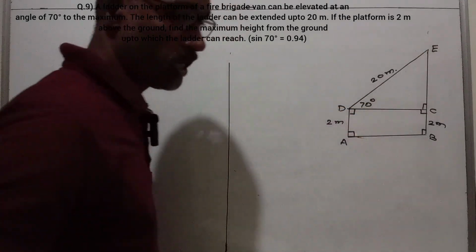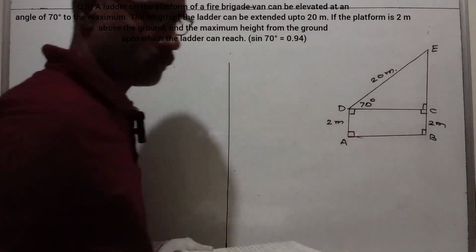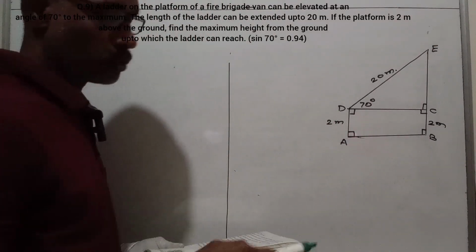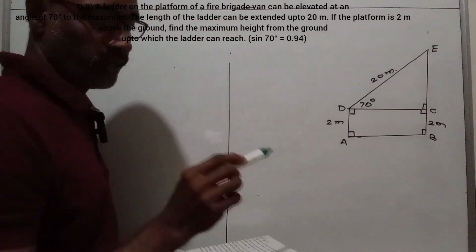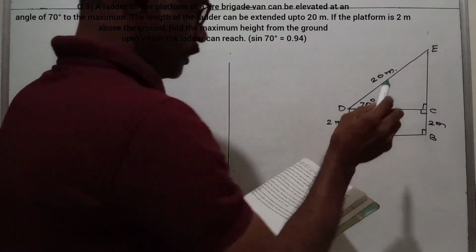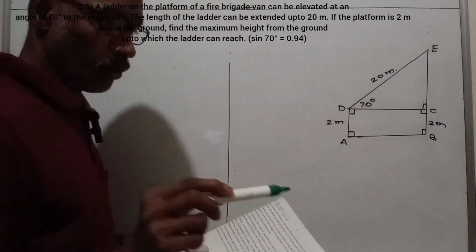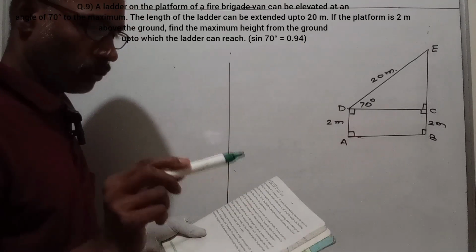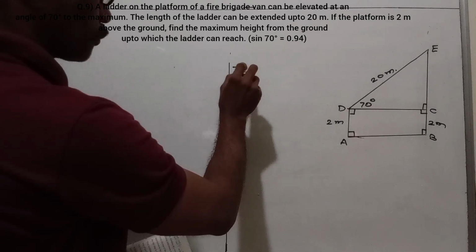The ladder can reach E, means find BE, the total distance, this length BE. Okay. Now we have given sin 70 degree is equal to 0.94.